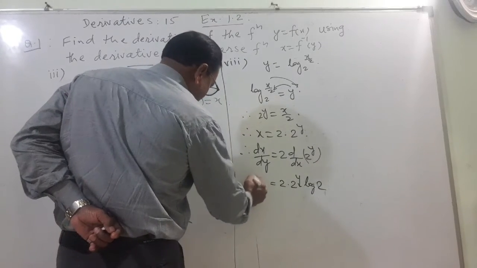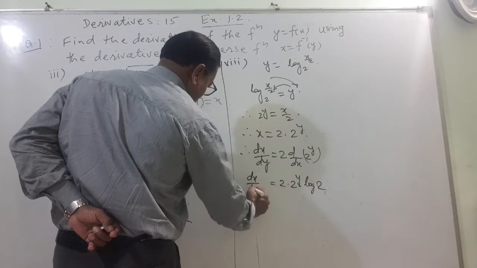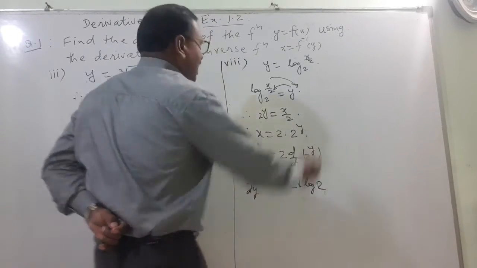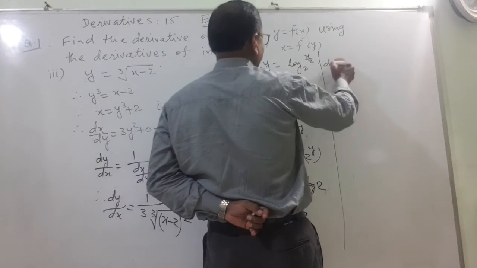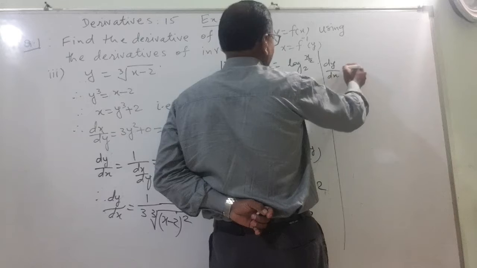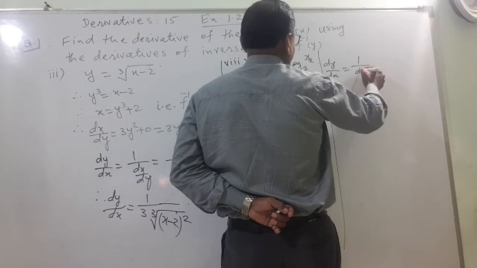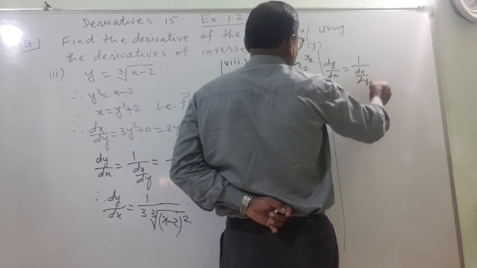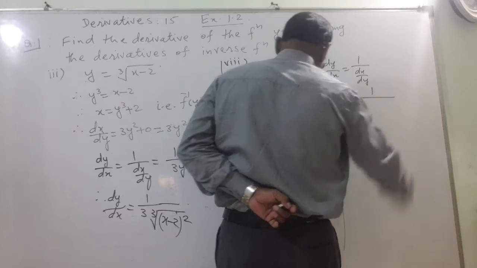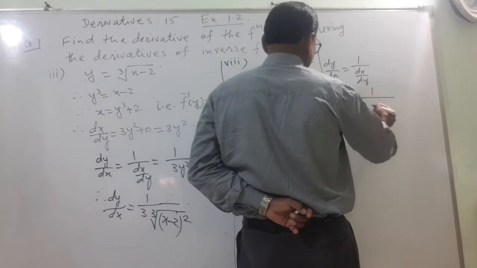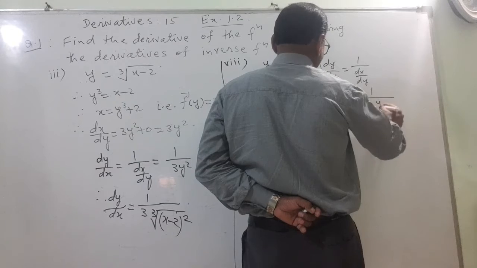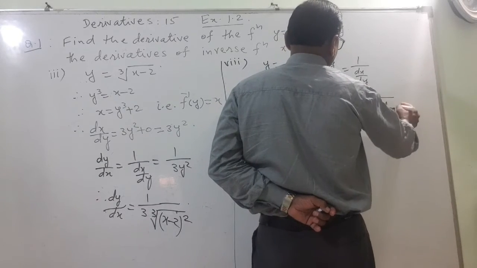So this is our dx by dy. But what do we want? We want dy by dx. So dy by dx is equal to 1 upon dx by dy, and that is equal to 1 upon 2 into 2 raised to y into log of 2.